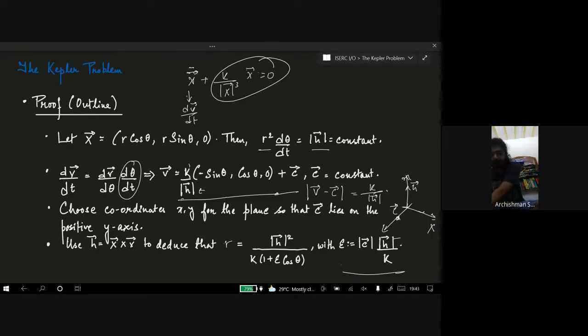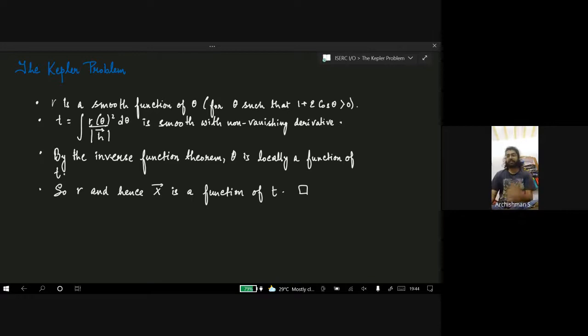And so you're in some kind of trouble. We would like to have a picture where we can have an interpretation of orbits for which angular momentum is 0.